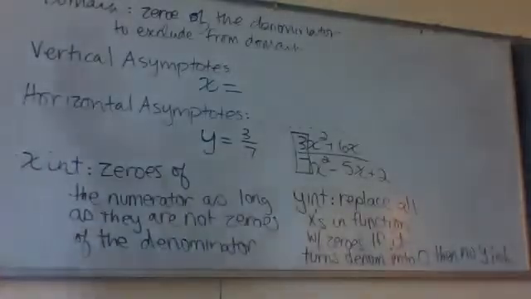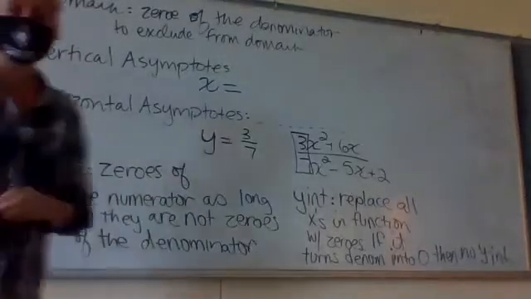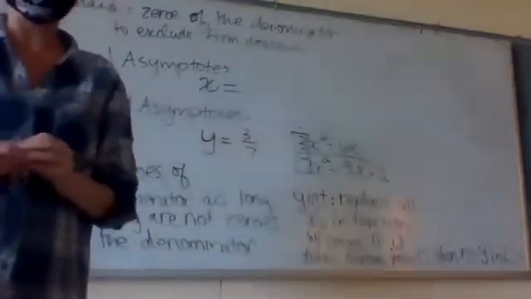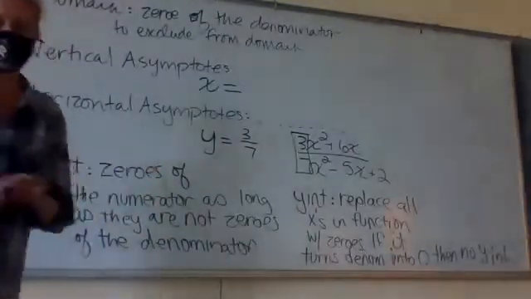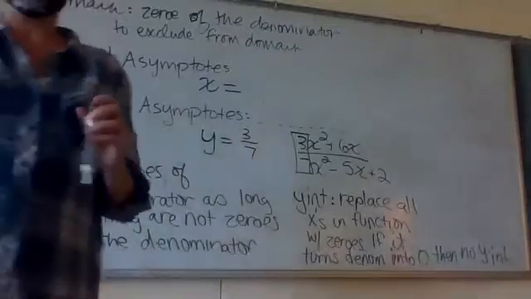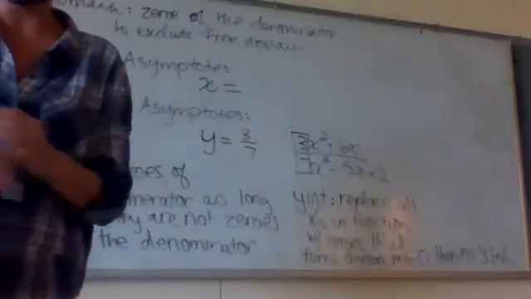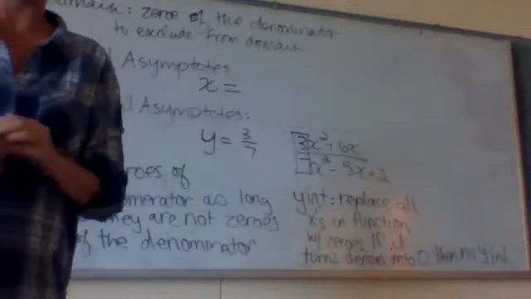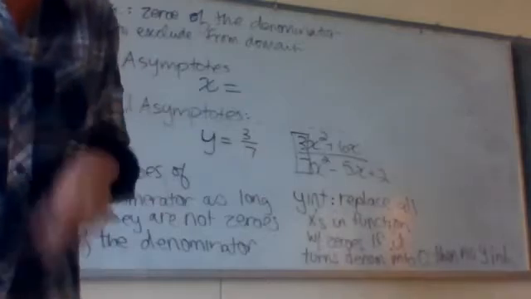So these domain, vertical asymptotes, horizontal asymptotes, x-intercepts, and y-intercepts are going to be some distinguishing features of these rational functions. So we're going to find these things and then sketch them to help us determine what this graph would look like. These are all multiple choice problems, but knowing these features are going to help us choose which problem matches the function that is given.